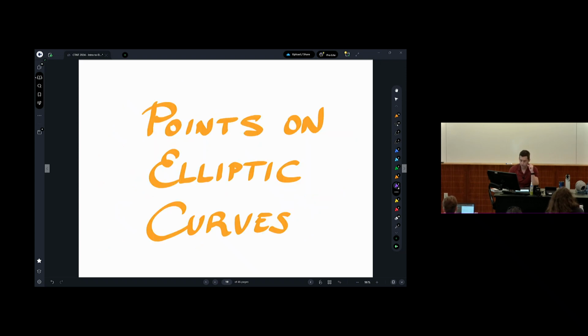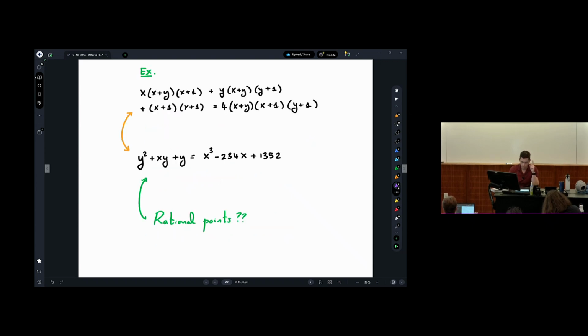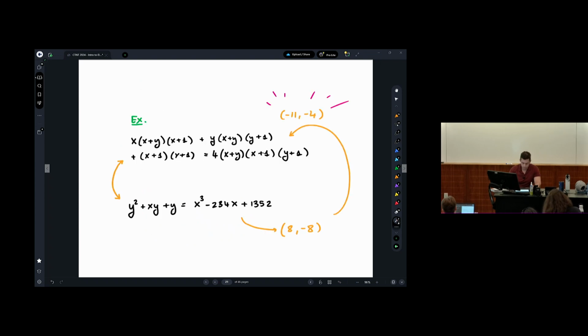So what about points on elliptic curves? Remember, keep your eye on the prize, we were trying to find a point on the fruits Diophantine equation. Remember, we had started with some genus 1 curve, some elliptic curve. We found a Weierstrass model, and now we want to find rational points on that Weierstrass model.